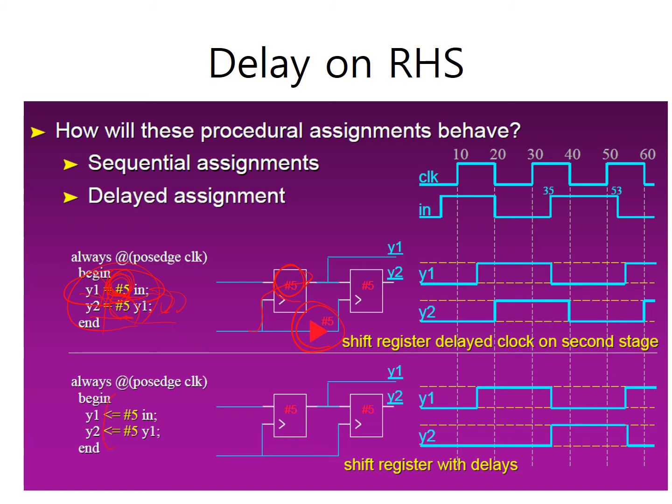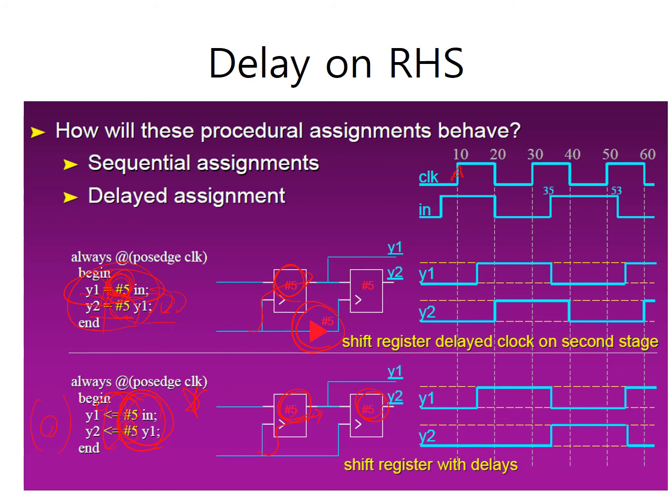For the non-blocking assignment, if you put the pound sign here, those right-hand side statements will be evaluated at the same time, and then the assignment happens. So this properly models the clock to Q delay of the flip-flop. So we must use that representation if we want to model the clock to Q delay.